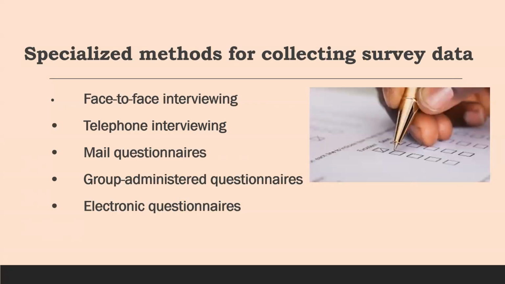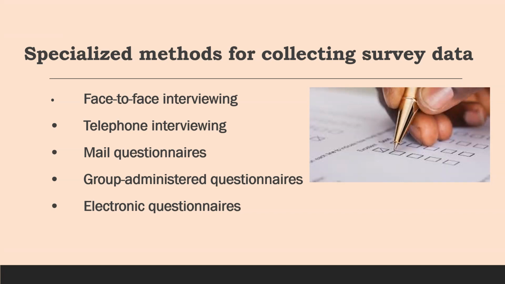Okay, specialized methods for collecting survey data. Now, survey research requires the collection of standardized, quantifiable information from all members of a population or of a sample. Now, to obtain comparable data from all participants, the researcher must ask them each the same question, like I stated earlier.